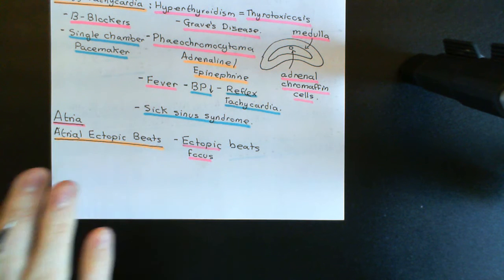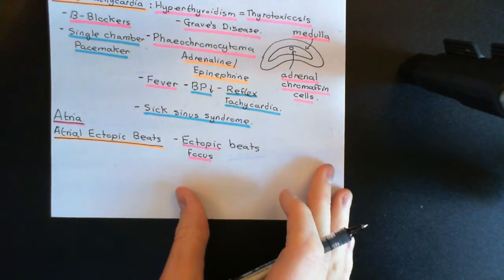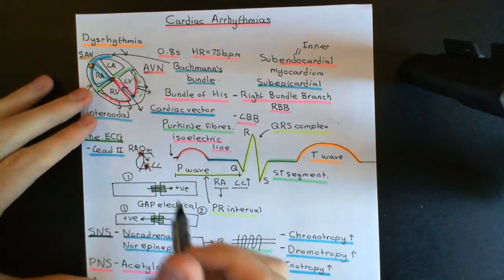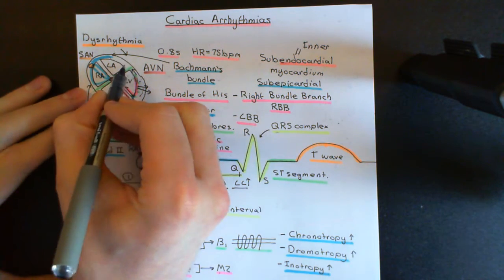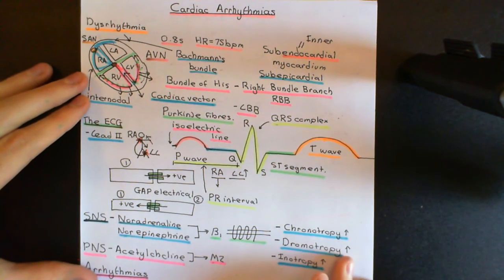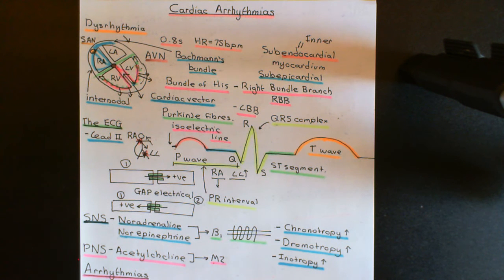If it's atrial ectopic beats that we're talking about, the portion of myocardium that has gained this ability to generate action potentials from scratch is going to be somewhere in the atria. If I go back to my picture, somewhere in either the right atrial tissue or the left atrial tissue, we are going to end up with one of these ectopic foci, or potentially multiple of them, which are now going to take on pacemaker activity.